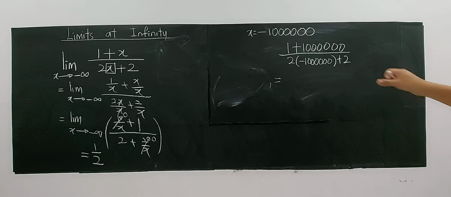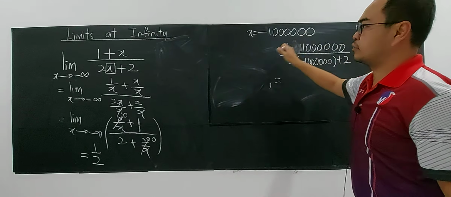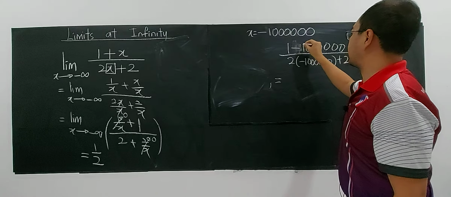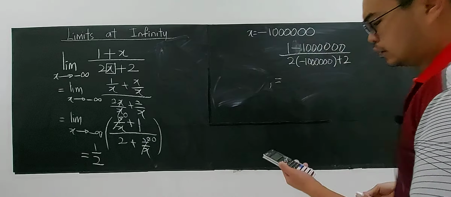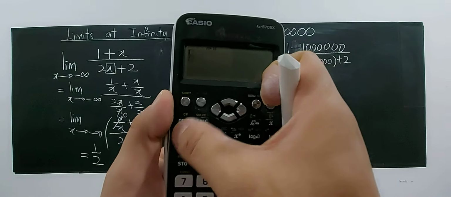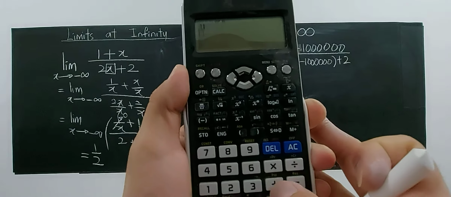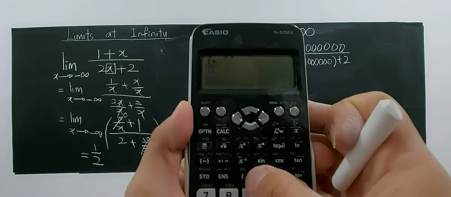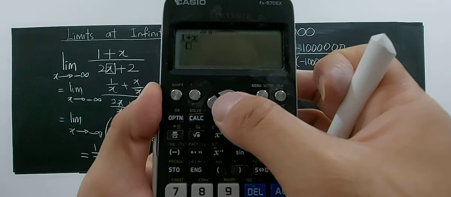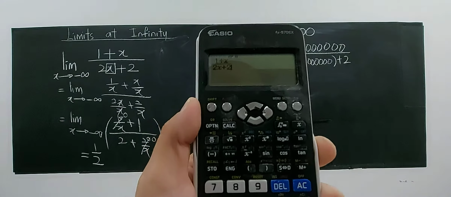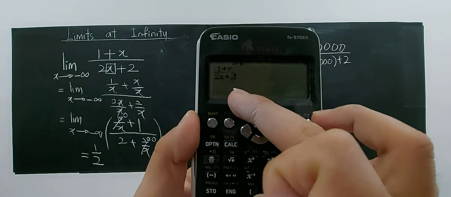Sorry, it's 1 minus because of the negative here, okay? Negative infinity. So if x is a negative number, it becomes 1 plus a negative number. So I can just key this into the calculator: 1 plus x, over 2x plus 2.